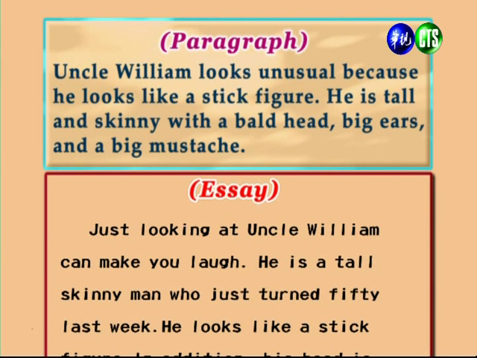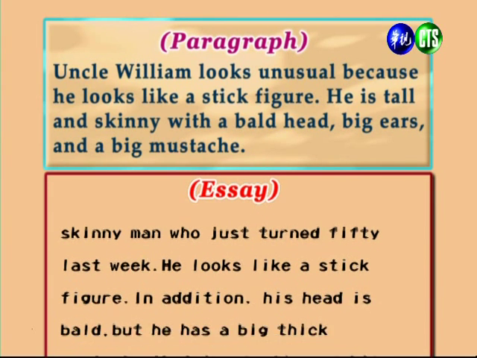We learn immediately that Uncle William looks unusual, and then the next sentence lists some of his unusual features. The sentences in the paragraph directly provide information about Uncle William's appearance. Now, if we look at the essay, we see this is much longer and there's much more information.